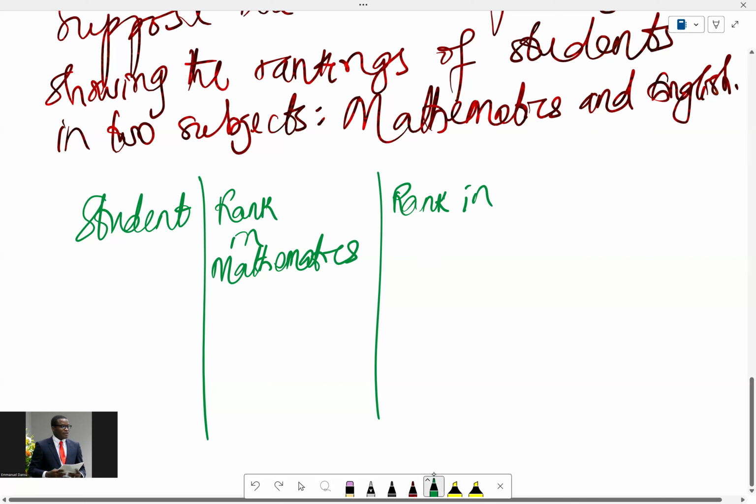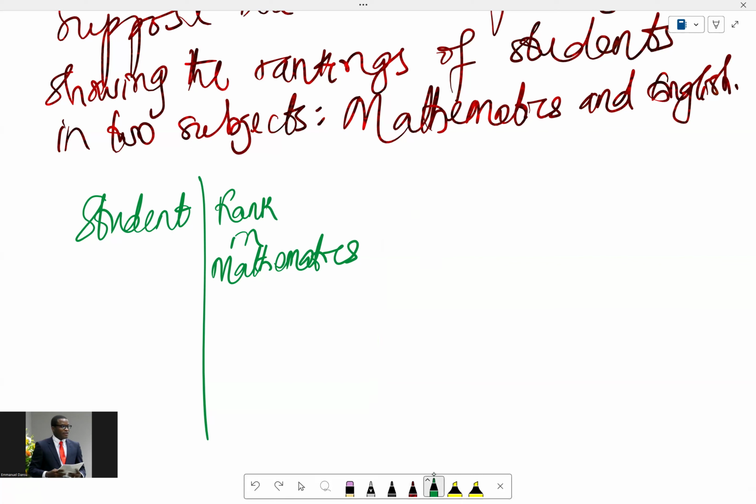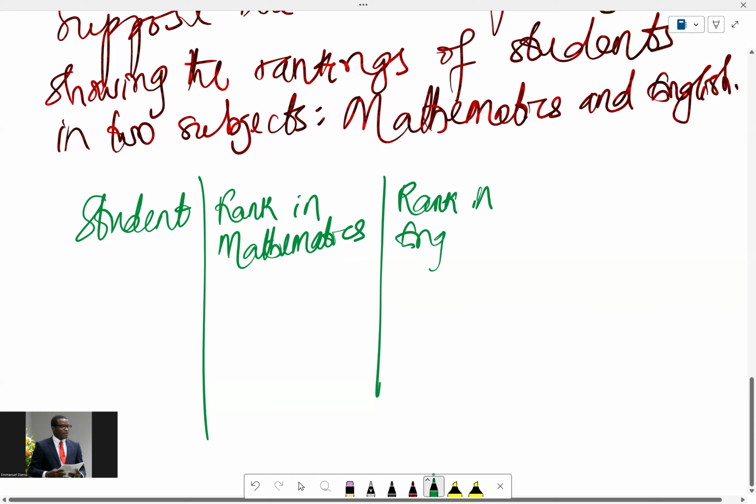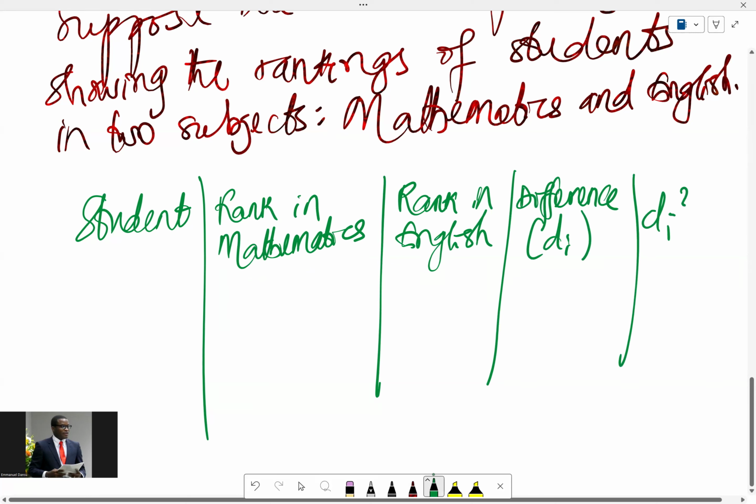Then we have the difference, that is di, then di squared, the square of the difference in ranks.